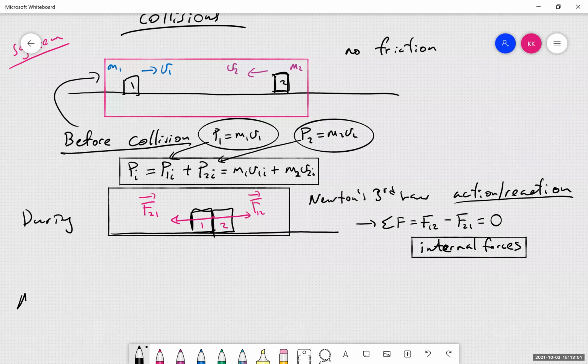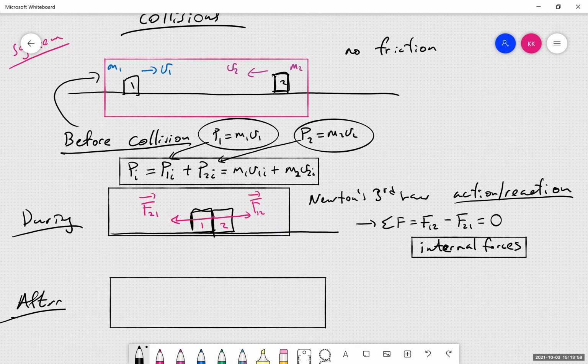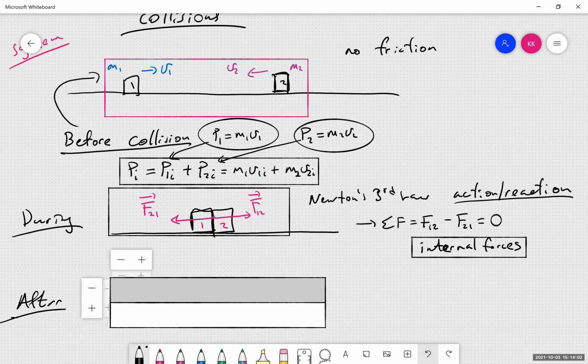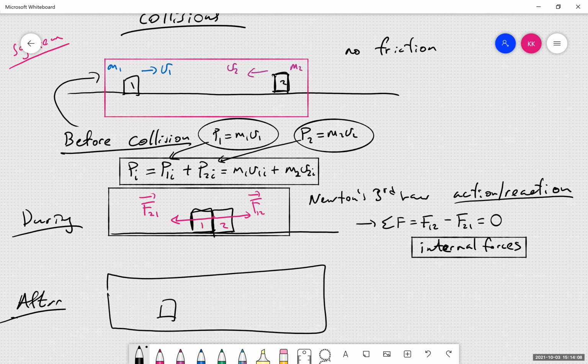Now, let's say then what happens after the collision. After the collision, what I will have here is this: box 1 will start moving to the left, v1 final.